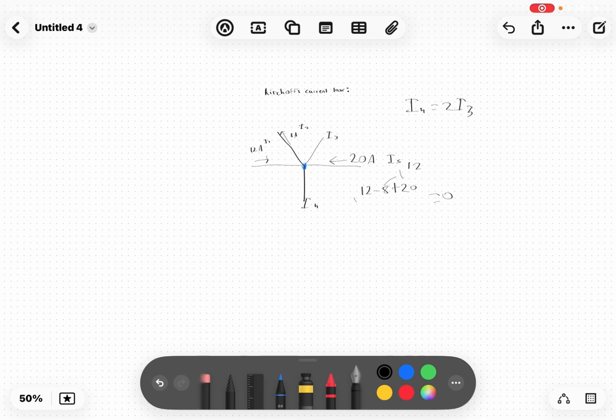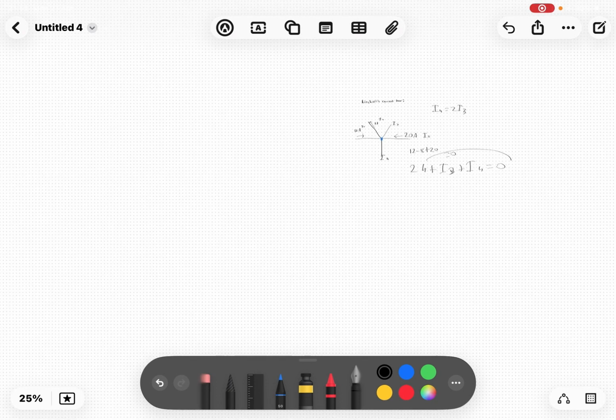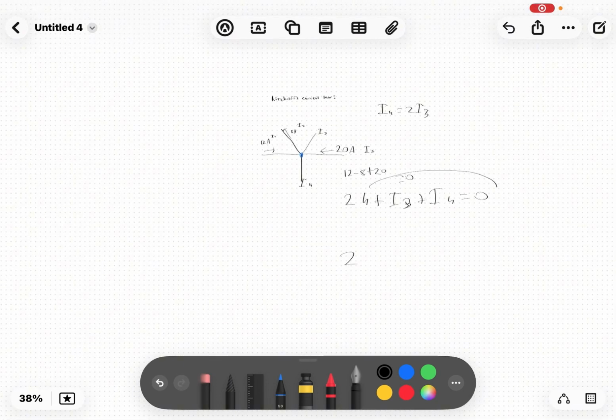Wait, how can I do this? Let's just do it, okay. So 24 plus I3 plus I4 equals 0. Move that here. So 20. These two equal negative 24.